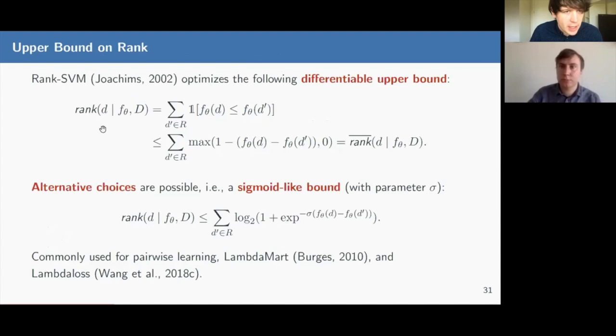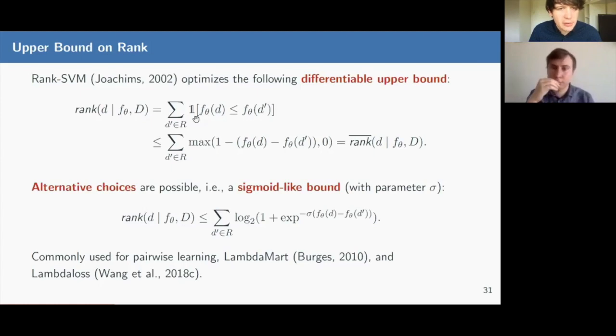So if we have the rank for a document d according to our model f theta in the document set D, after sorting all the documents in D, we can rewrite that as a sum over all the documents in D or in the ranking.